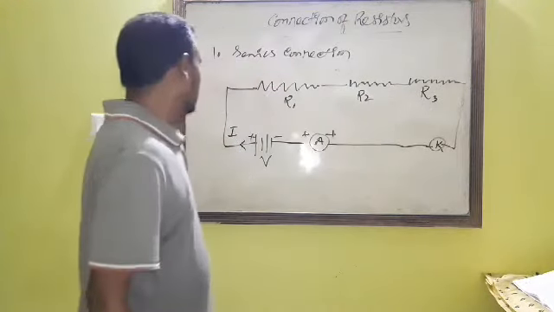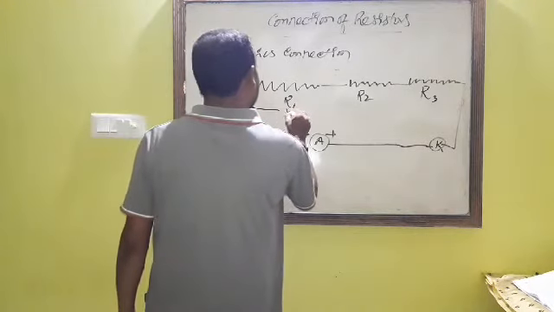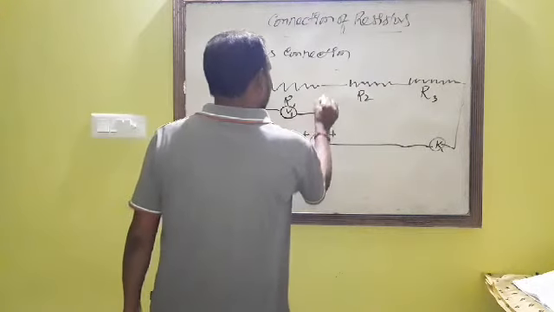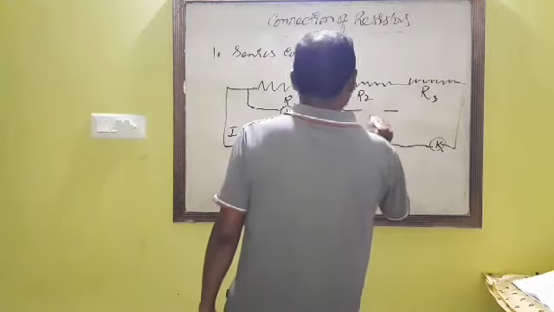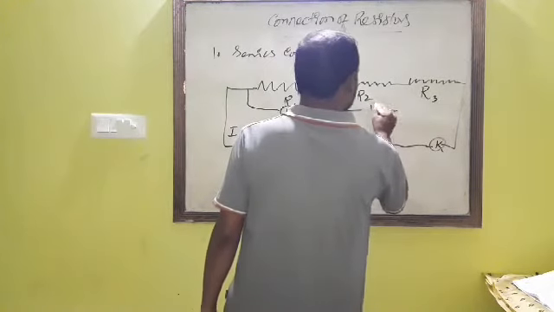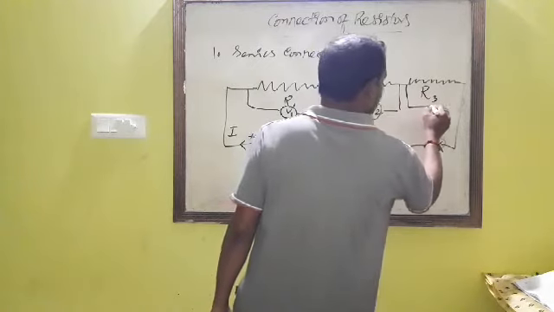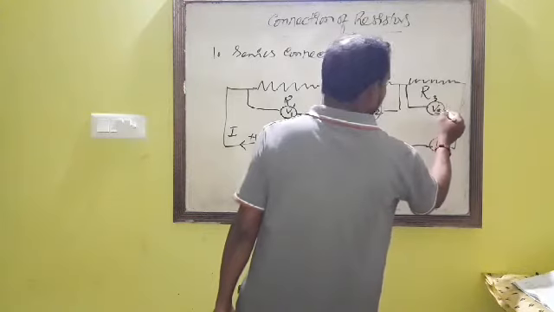Here you can connect a voltmeter and it will measure the potential difference V1. Here again you connect a voltmeter and it will measure the potential difference V2. And here again a voltmeter will measure the potential difference V3.